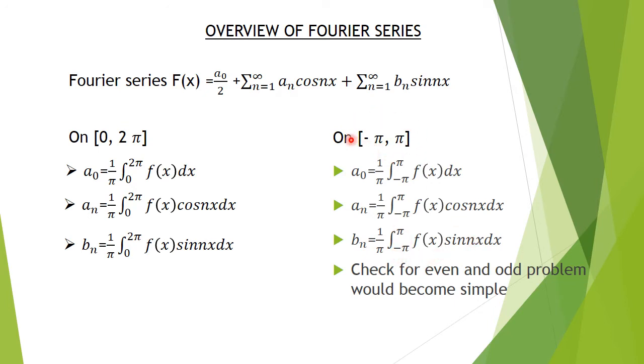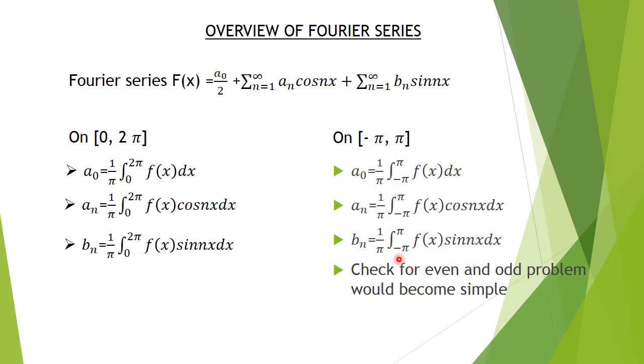So it depends on the interval on which the function is defined: if defined on 0 to 2 pi, you write limits 0 to 2 pi; if on minus pi to pi, you write minus pi to plus pi.